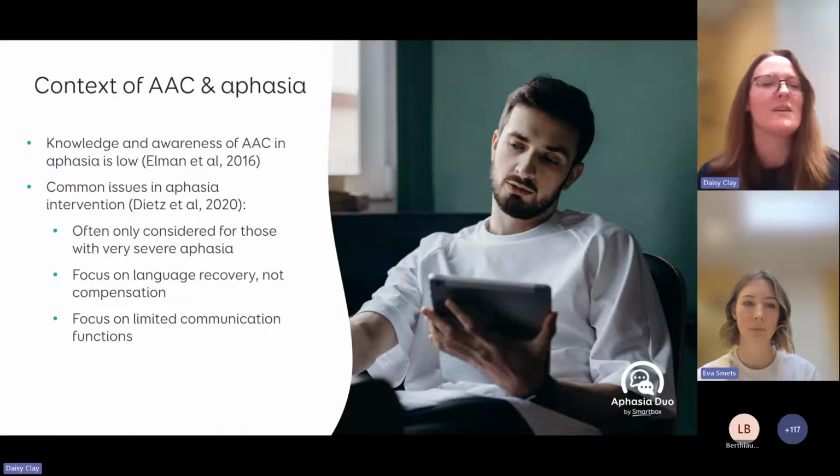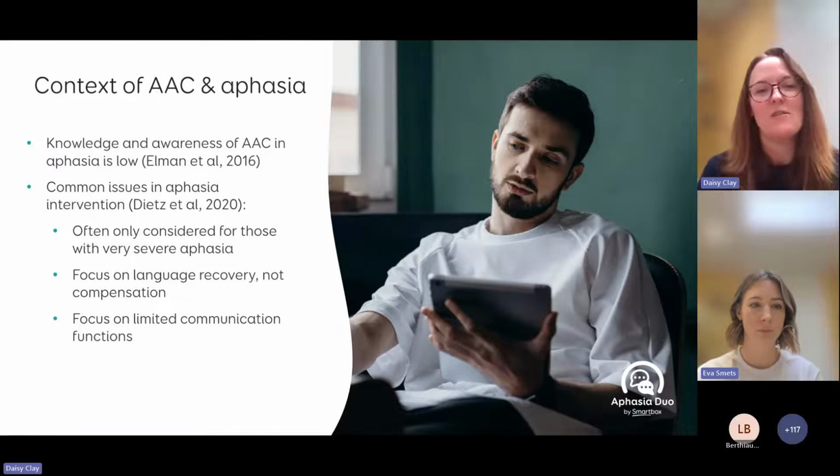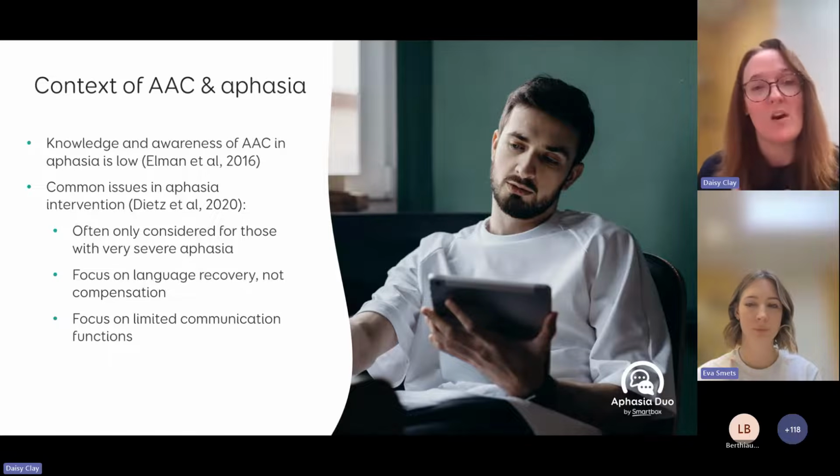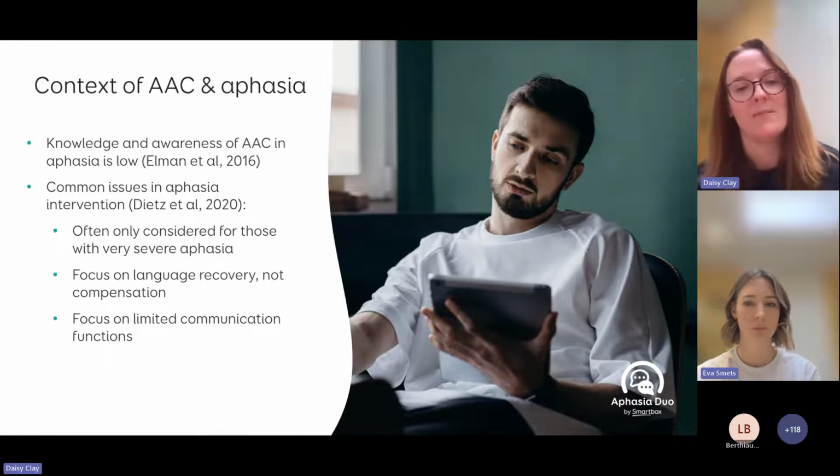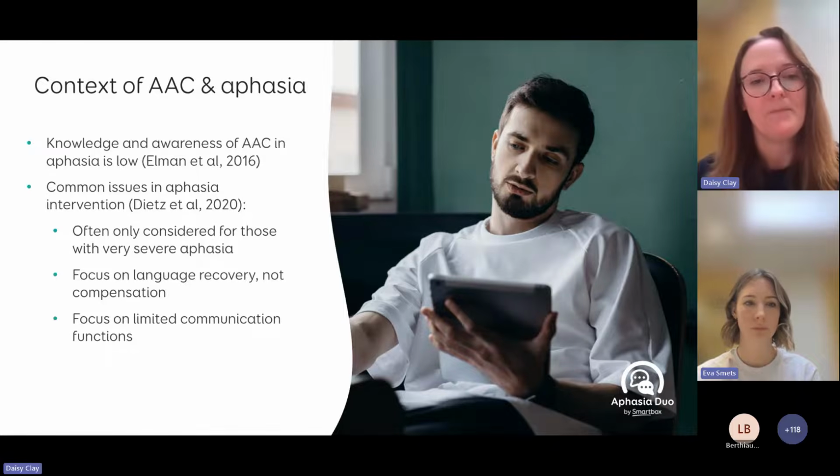And some other common issues that it's helpful to highlight are that in aphasia intervention, often AAC is only thought about or considered for those people who've got really severe aphasia, almost like, well, we've tried everything and maybe we'll try AAC now because it's really severe aphasia. But we know from the research that it can be really beneficial for people with more mild to moderate forms of aphasia.